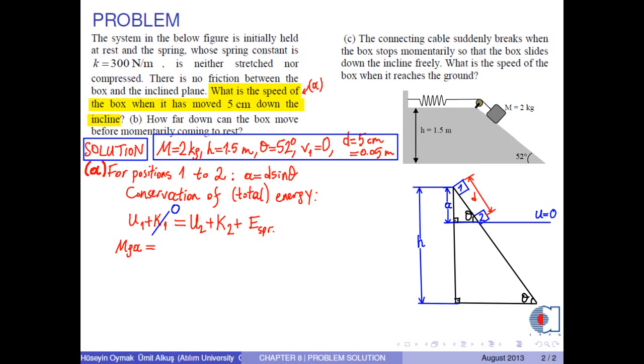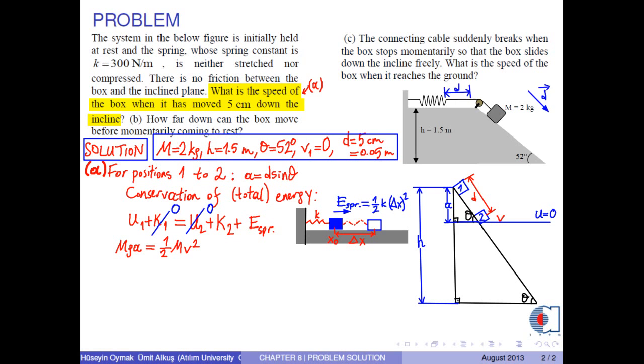The potential energy of the box is 0 at point 2. The kinetic energy is 1/2 times m times v squared. Finally, the spring energy becomes 1/2 times k times d squared because the spring stretches.